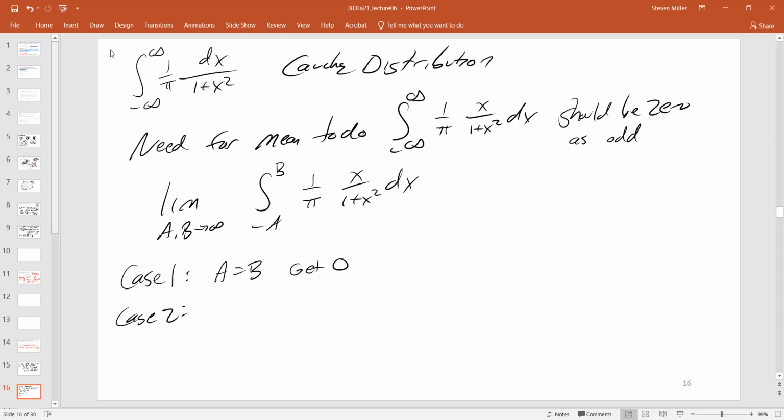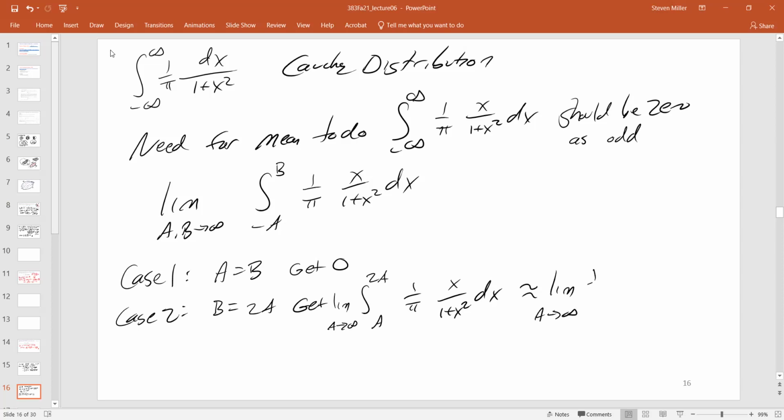Case 2, if b equals 2a, we get the limit as a goes to infinity of the integral from a to 2a, because the integral from negative a to a just cancels, of 1 over pi, x over 1 plus x squared dx. Well, that's approximately, and you can make this precise, 1 over pi integral from a to 2a.